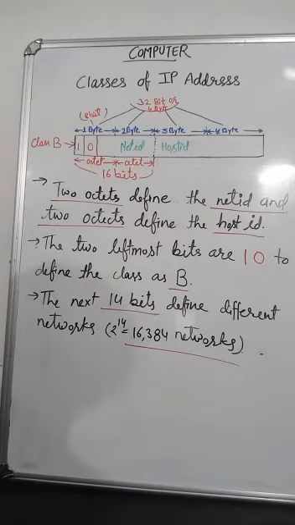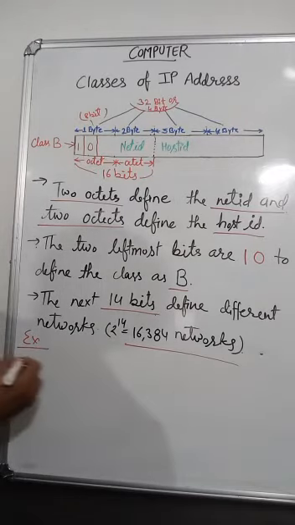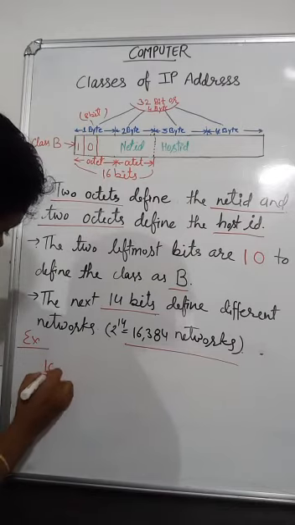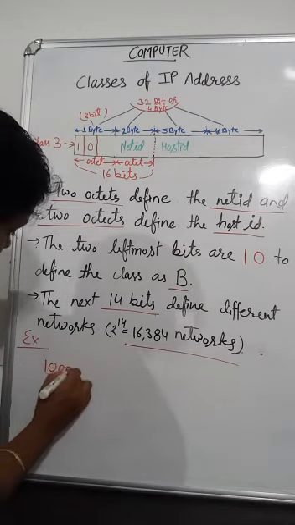Now see one example: pairs of 8 bits, 1 0 0 0 0.